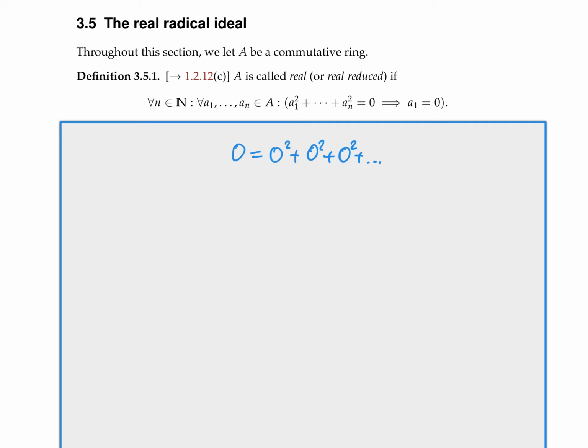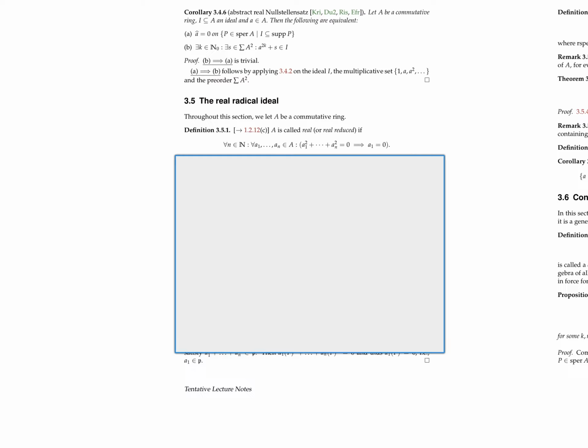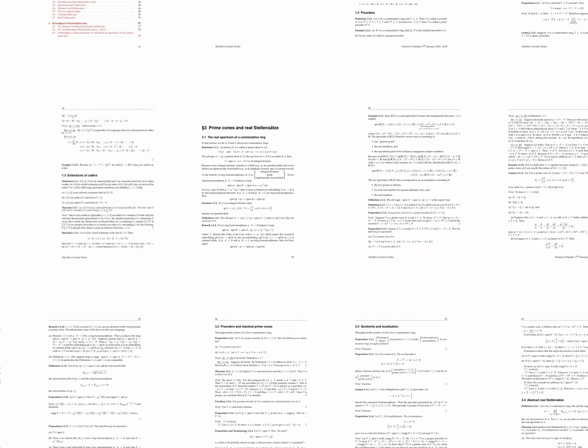So in other words, if you have such a sums of squares representation of 0, then every a_i must be 0. Or in fact, I can just say a_1 is 0, because by symmetry all the others a_i are also 0. Right? So you might have seen this already in 2.1.2.12c, because that was one of the characterizations of a real field.